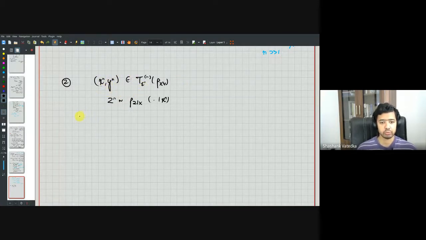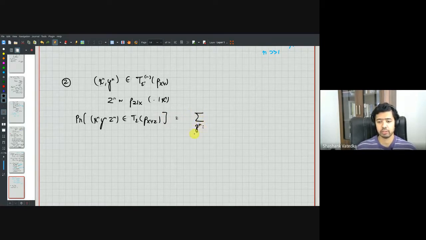Now once again I want to know what is the probability that all three of them are jointly typical, that is, xn, yn, zn are epsilon jointly typical with respect to Pxyz. So once again, this is just the summation over all sequences zn such that xn, yn, zn are jointly typical.